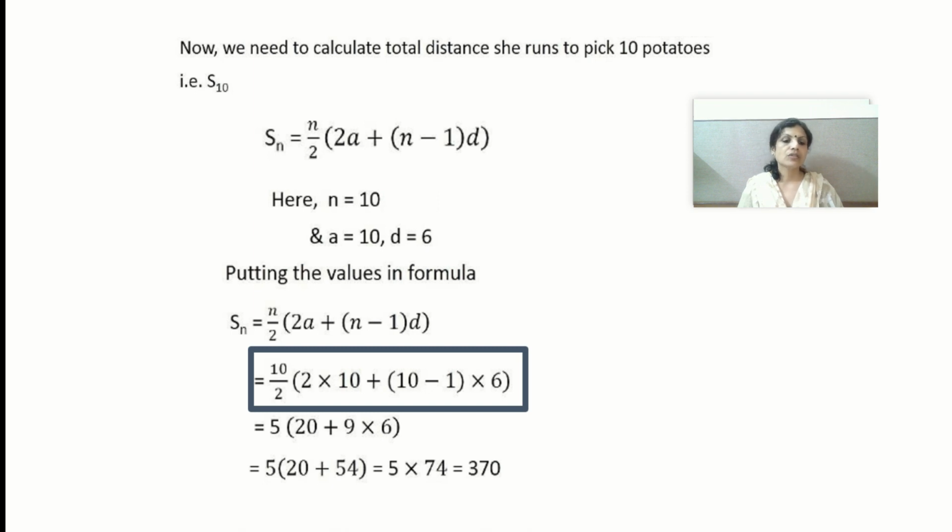Solve this. So 5 in the bracket 20 plus 9 into 6. So 5 in the bracket 20 plus 54. So 5 into 74, that is 370. Therefore the total distance covered by the competitor is 370 meter.